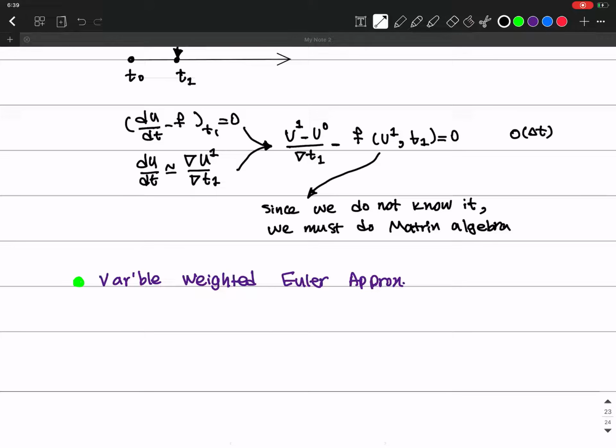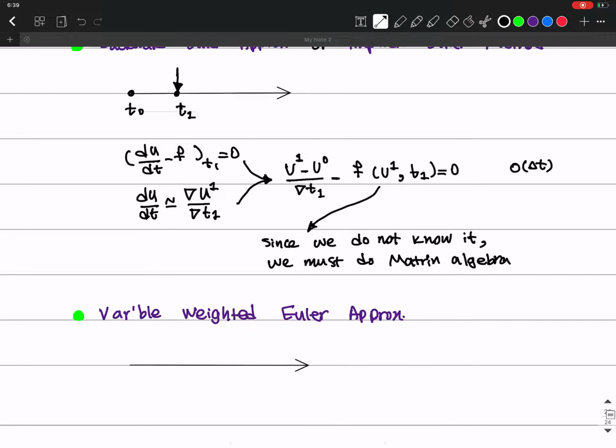We have again the time axis here, T, and we have T0 here and T1 here.